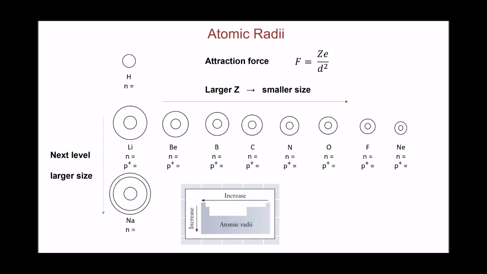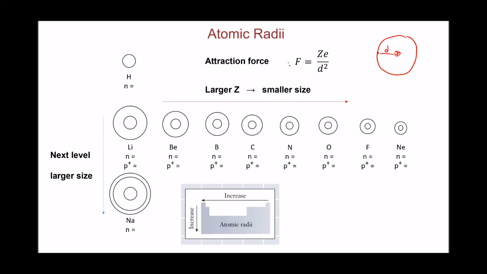And as we said, that's basically the distance between the nucleus, which is positively charged, and the valence electrons, which are negatively charged. That distance, here called d, is going to depend on the strength of the attraction between these two particles. We have a positively charged nucleus attracting a negatively charged electron. So the stronger the attraction is, the smaller the distance will be between them.